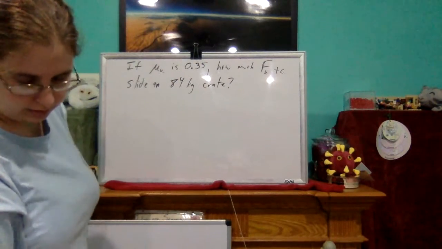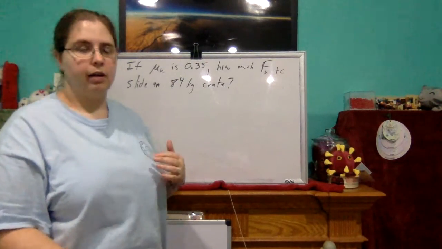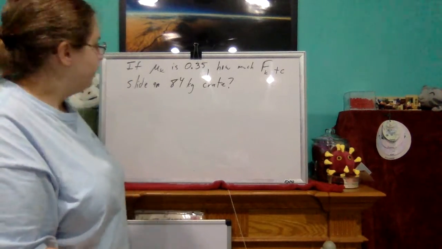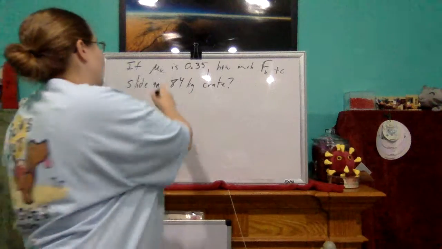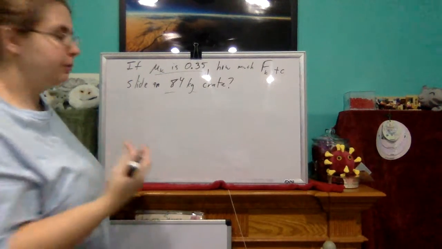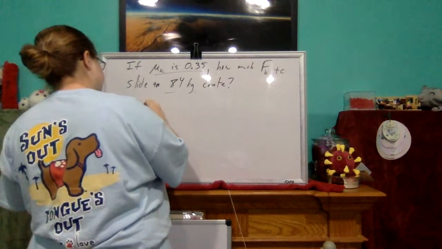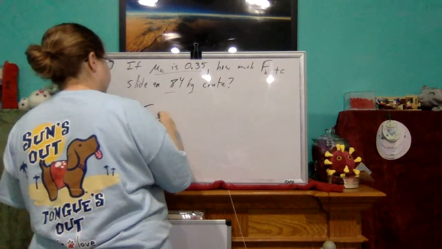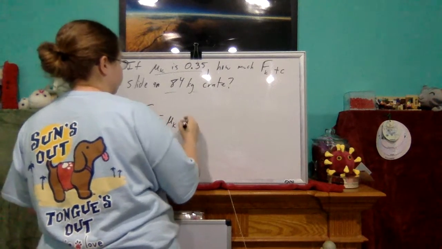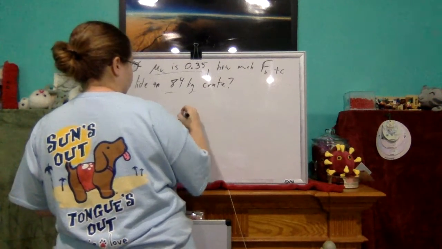All right. So we want to be able to slide it uniformly, so that means at a constant velocity. We know our coefficient. We know our mass. We just have to solve for our force. So force of kinetic friction equals coefficient of kinetic friction times the weight.